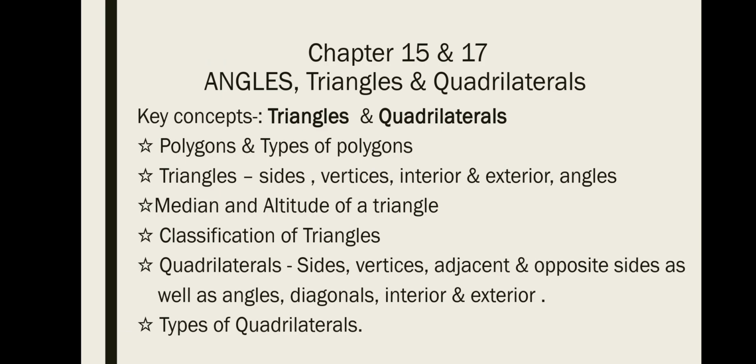Then in quadrilaterals you will learn about sides, vertices, adjacent and opposite sides, as well as angles, diagonals, interior and exterior, and then types of quadrilaterals. This is the concept of Standard 6 ICSE from Viva Education.